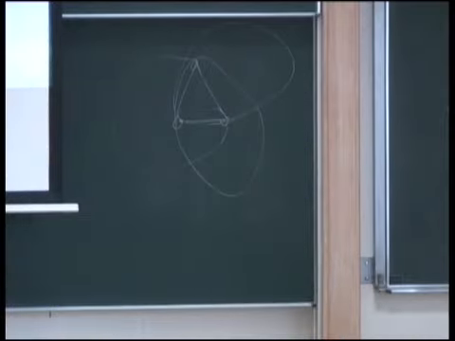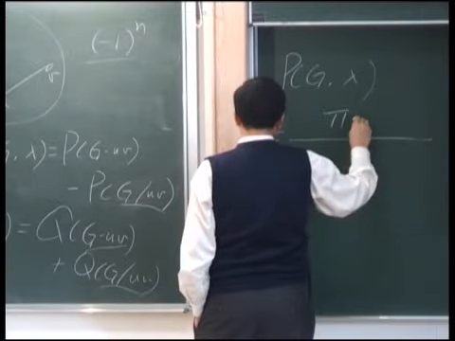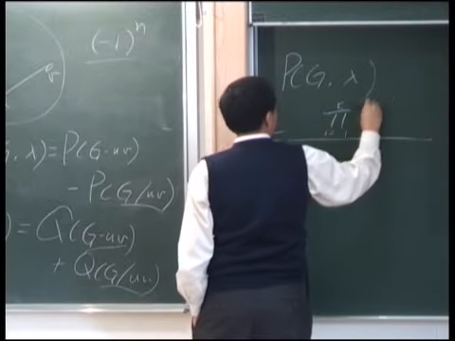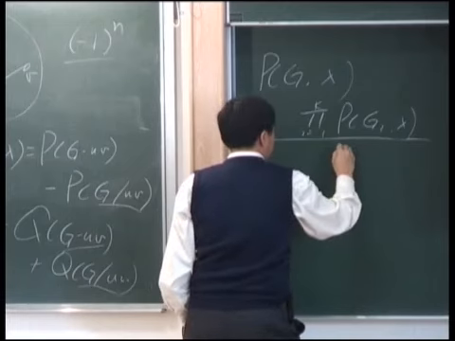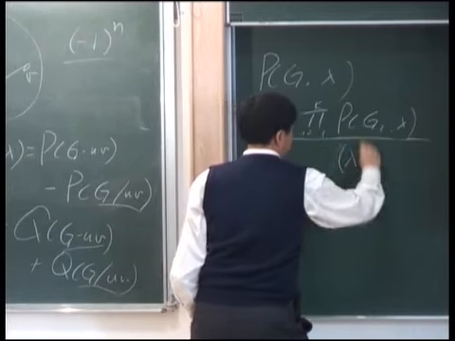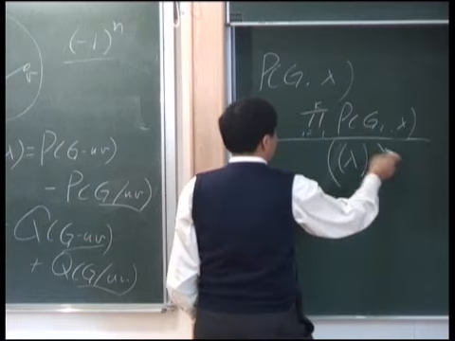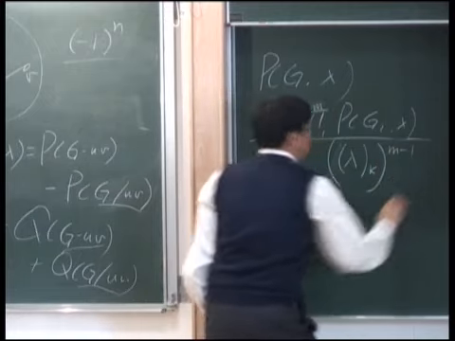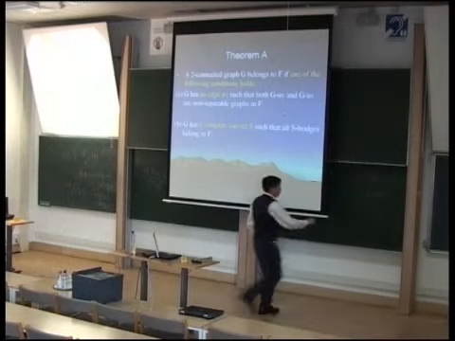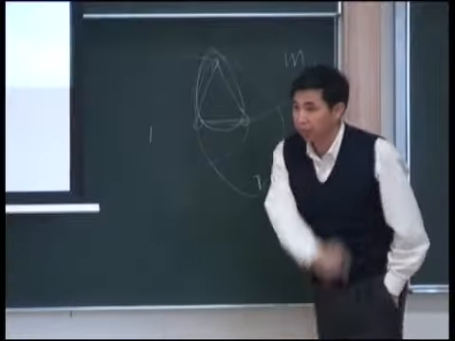The result says P(G, lambda) is equal to the chromatic polynomial of the subgraphs. Suppose there are M minus 1 subgraphs here, 1, 2, up to M, and this is the complete cut set.